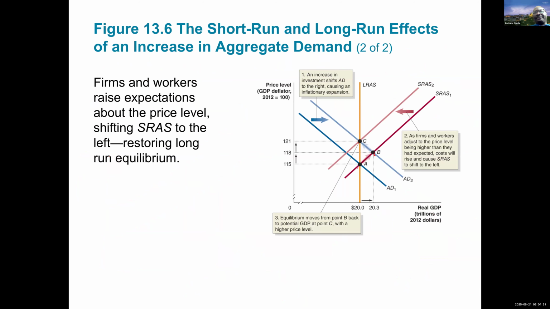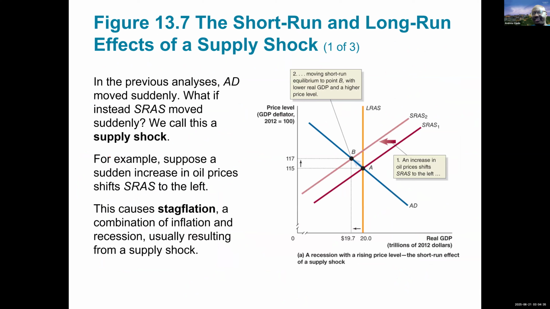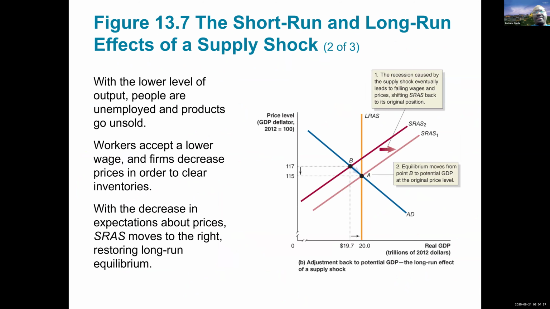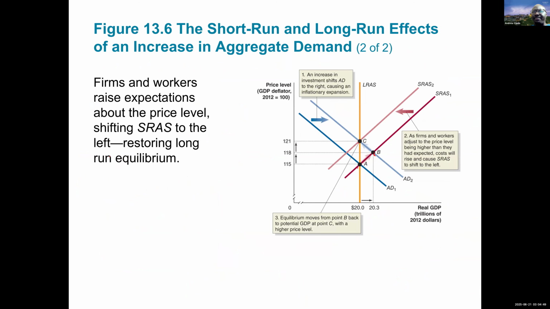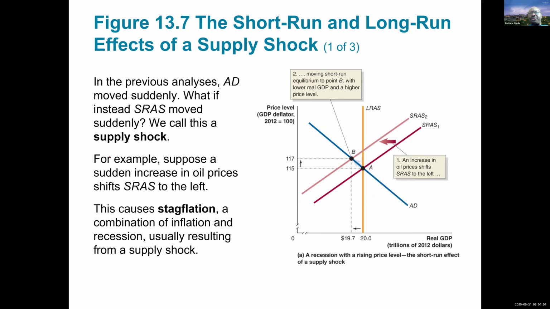Now I want to talk about something because we talked about stagflation, like supply shocks. So when the economy is hit with a negative supply shock, we talked about that causes what?